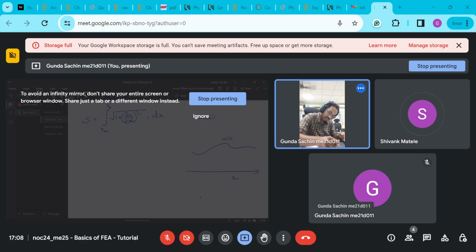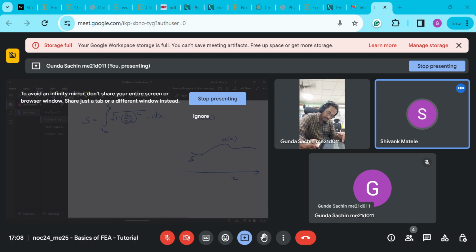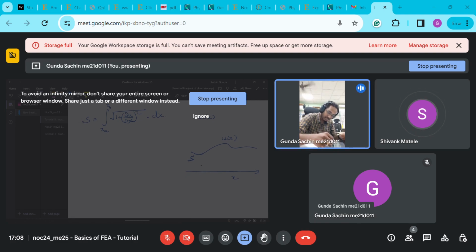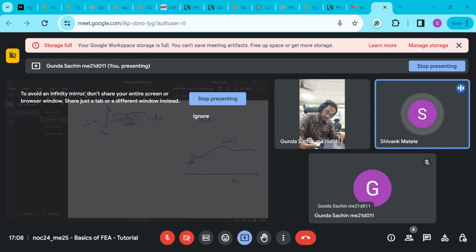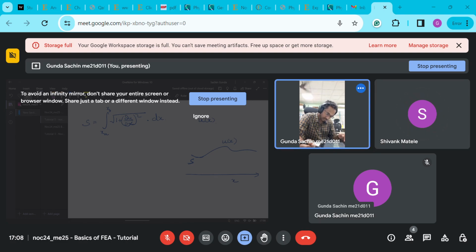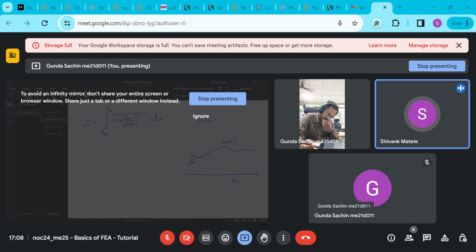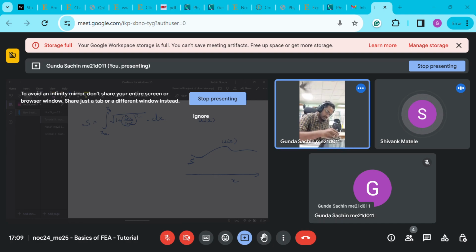So if it's u of x, then s would be the length of this. And now u could be any function like ax plus b or whatever. Let's say if it's like this, it would be a different length. Yeah. So now this s is a functional, right? Yes.